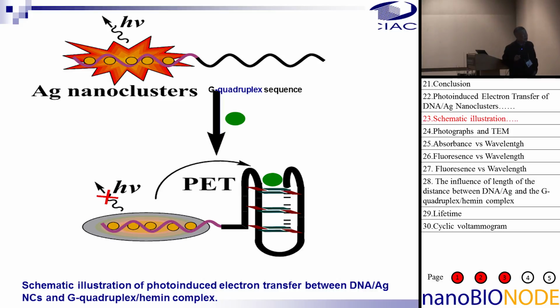In this case, we found that this is quite strong, and this is weaker. It means a quench effect, due to the photo-electron transfer effect. So photo-electron transfer induced quenching effect.